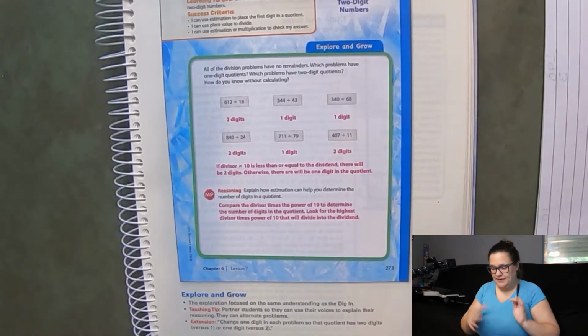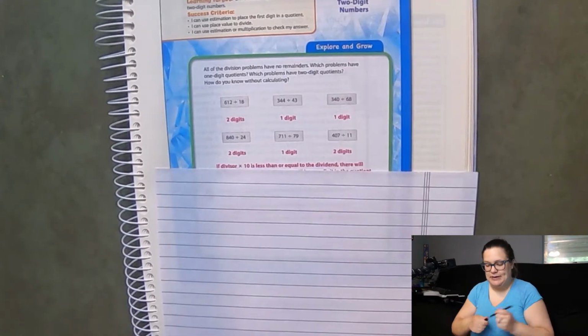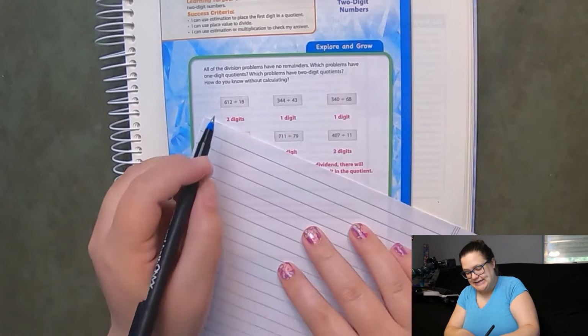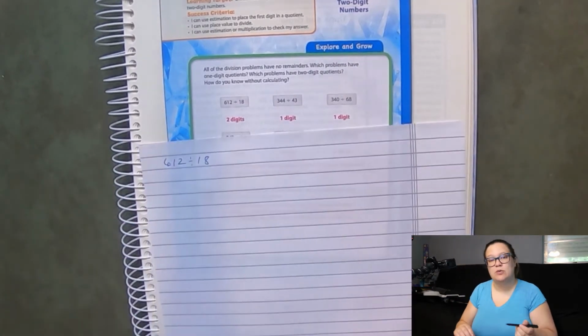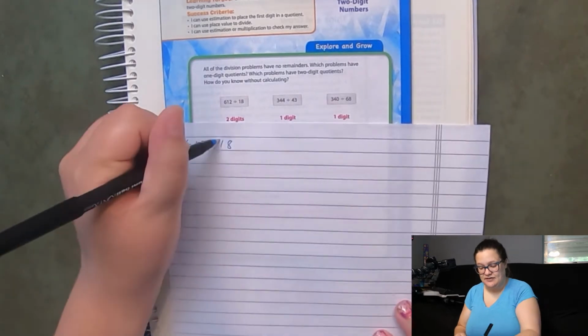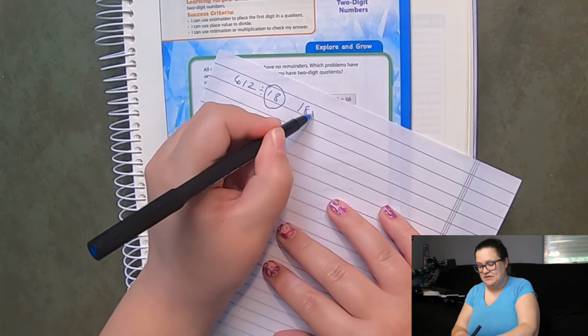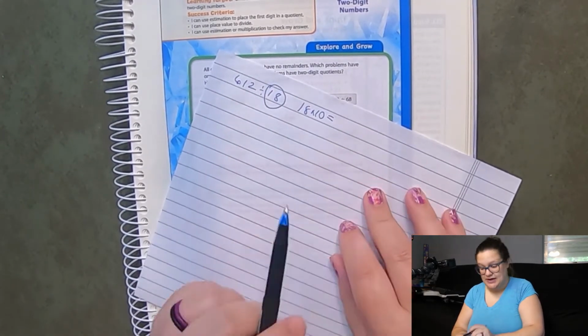So I'm going to do a couple of these with you to help you hopefully understand a little bit. Let's look at this one: 612 divided by 18. The number that we're multiplying by 10 is the divisor, the number doing the dividing, the 18. So 18 times 10, anything times 10, we just stick a 0 on the end of it, right?